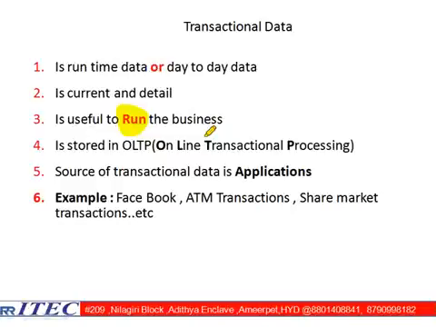Very detailed level of data is available. If it is a banking sector, I may have minute by minute, second by second, what happened. Yes or no? What time you transferred this money from your account to another account is available. Minute by minute is available. This data is mainly for the purpose of running the business.